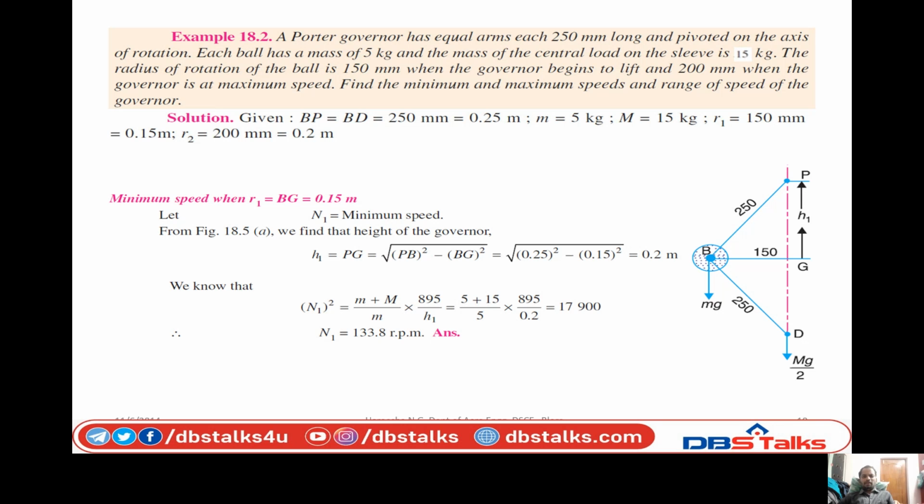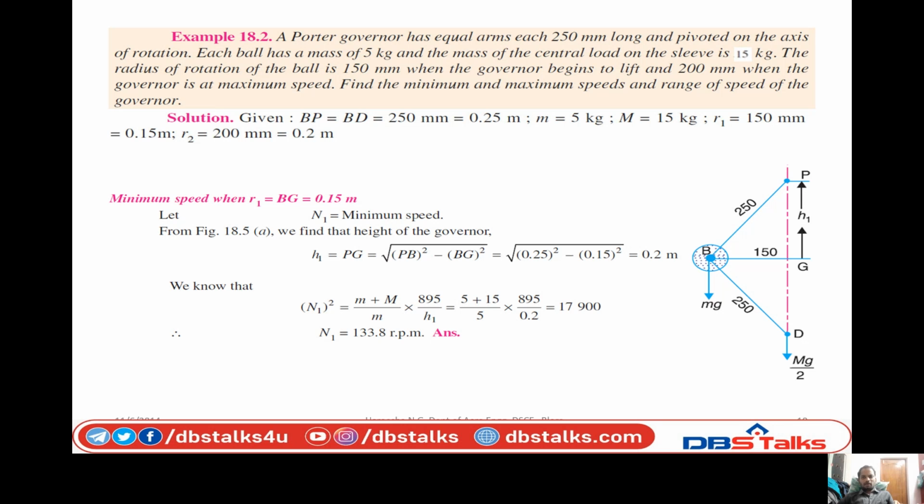For the minimum speed, R1 is equal to BG is equal to 0.15 meter. That is the radius of rotation. Let N1 be the minimum speed, and we can see from the diagram that we have to find the height of the governor.